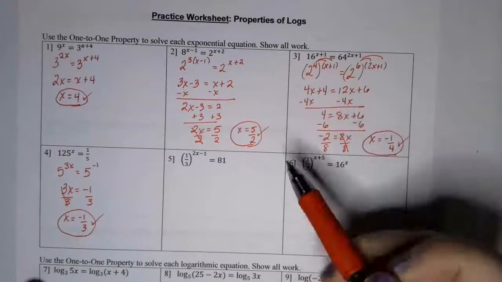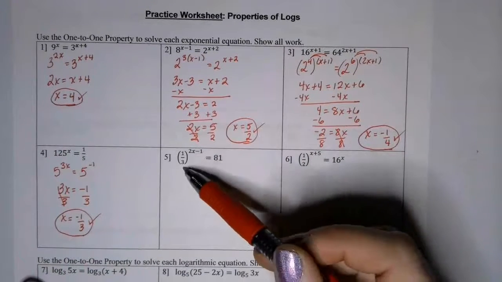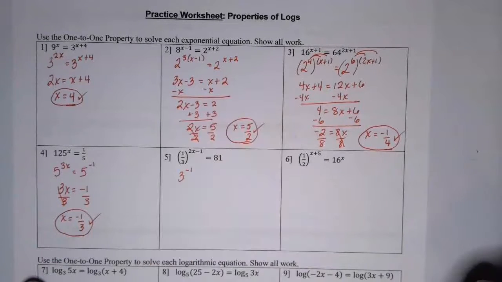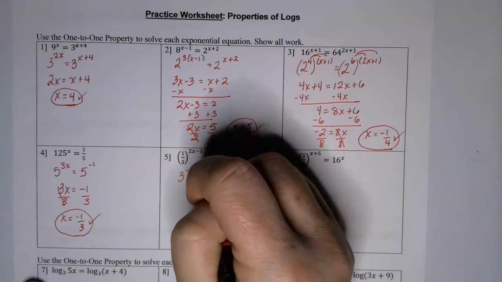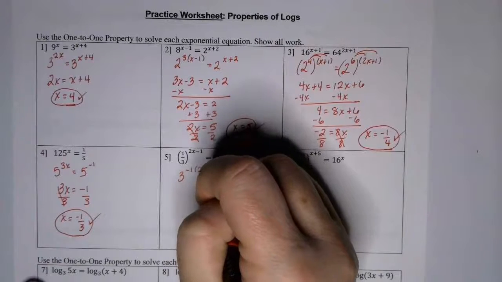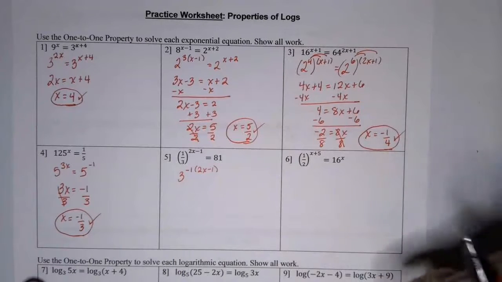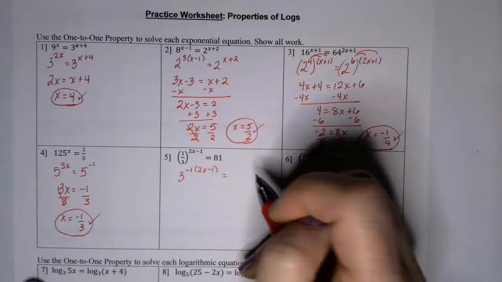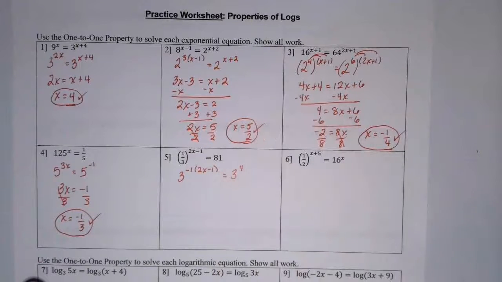Okay, then in number 5, 1/3 would be a base of 3, the exponent of negative 1, and then 2x minus 1 is still in our exponent. 81 can be written as 3 to the 4th power.